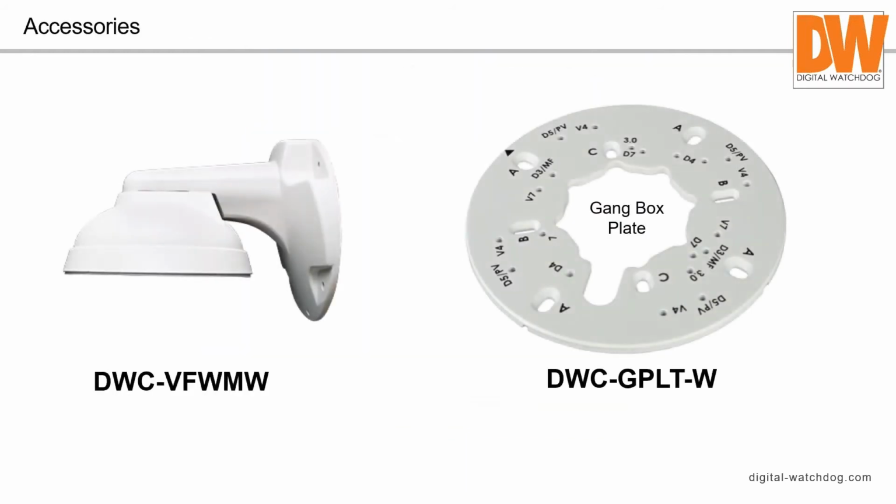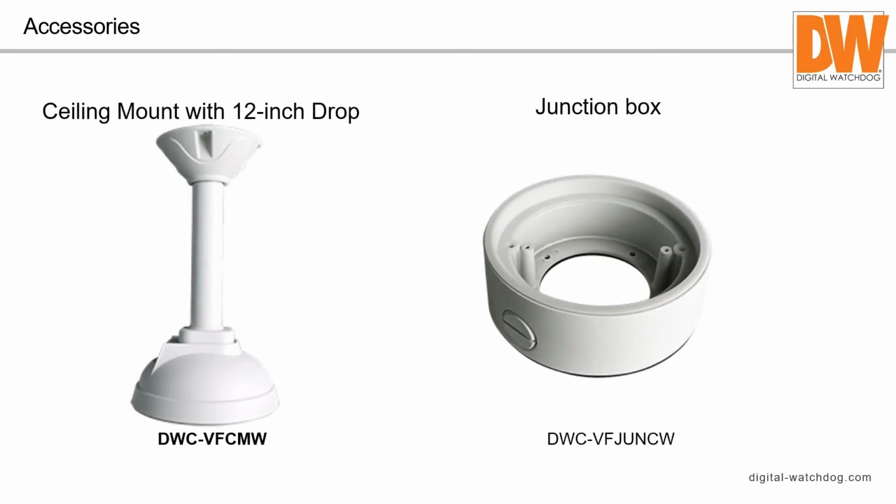So some of the other things with the camera, we have a warm-up bracket. We've got our gang box plate, so you put that over the, I think it's called a 4-gang box, and you screw it in there, then you screw the camera to the gang box. We have a ceiling mount with a 12-inch drop, and we have a junction box for the camera, all in the same color.